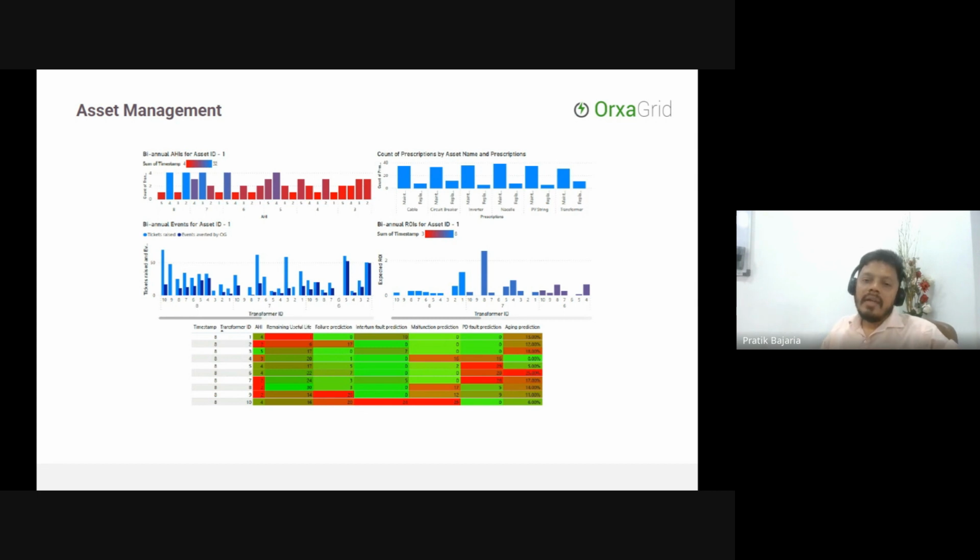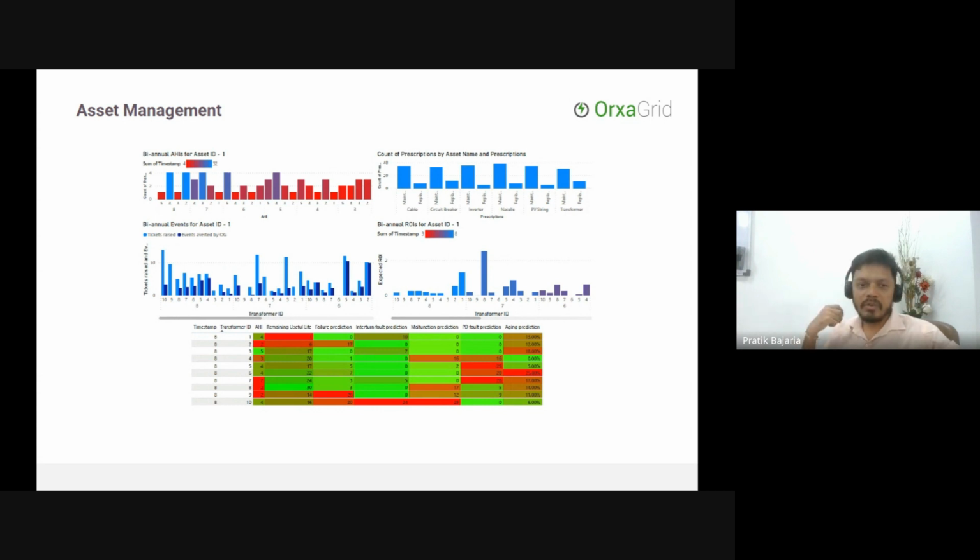Having said that, for any investments which the higher management is looking into, they know at every point in time, once they start a project with OrxaGrid, how this particular project is progressing in terms of the investments they have made.